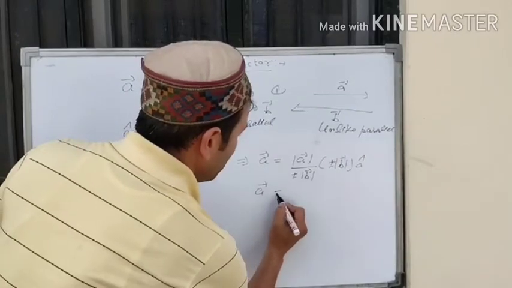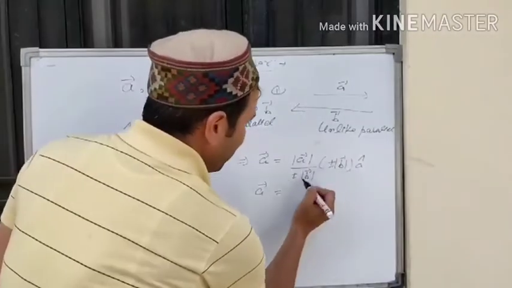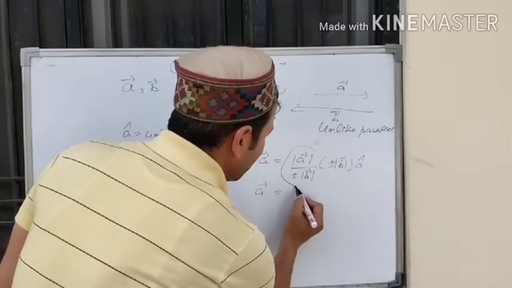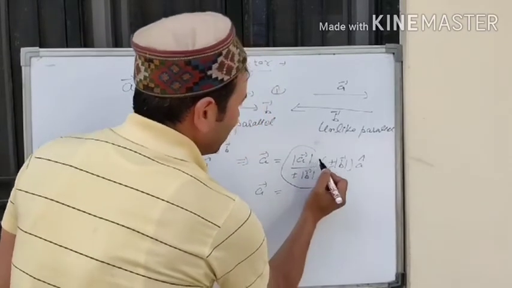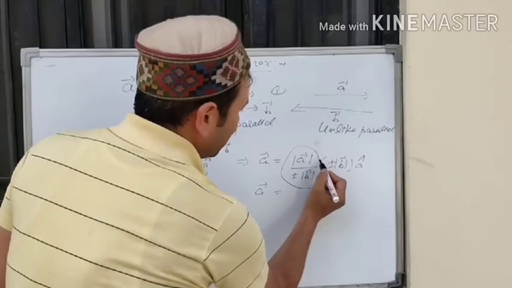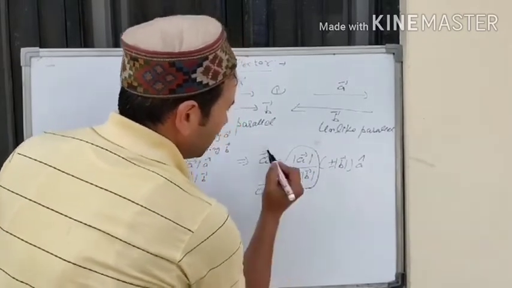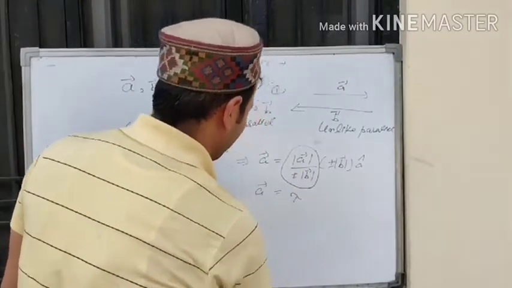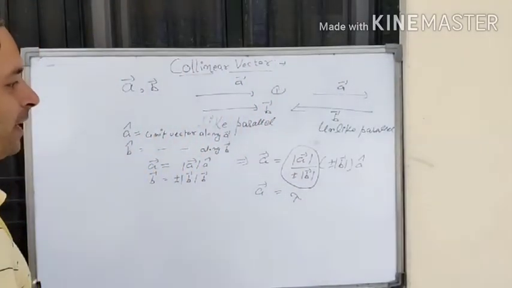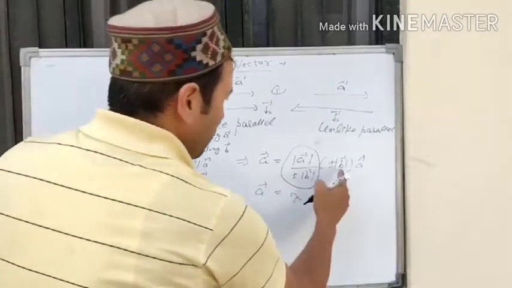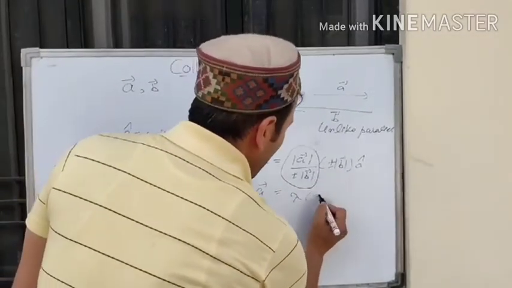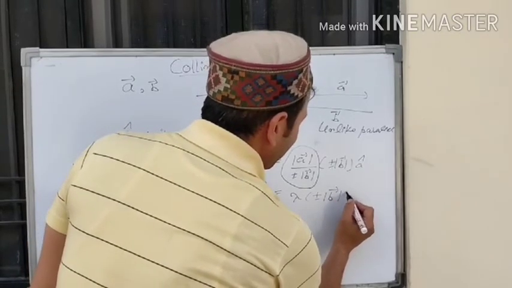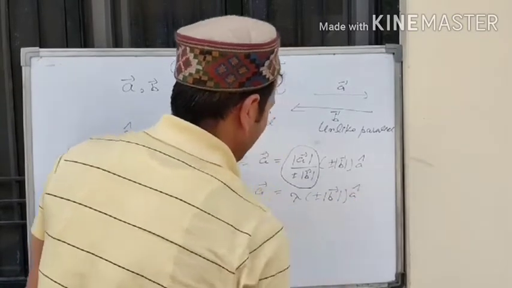So A vector is equal to, now we can write it as, now this whole thing can be written as lambda. This whole thing can be written as lambda, and what we are left with is plus minus magnitude of B into A unit vector.